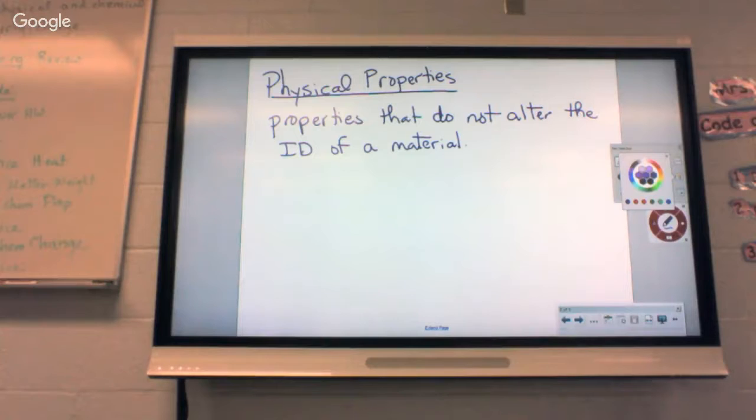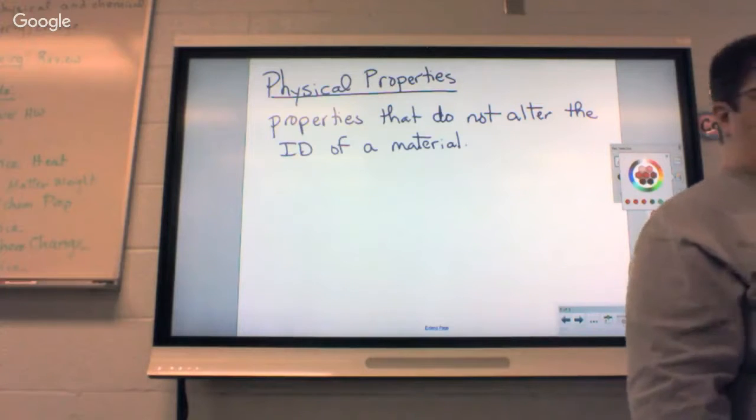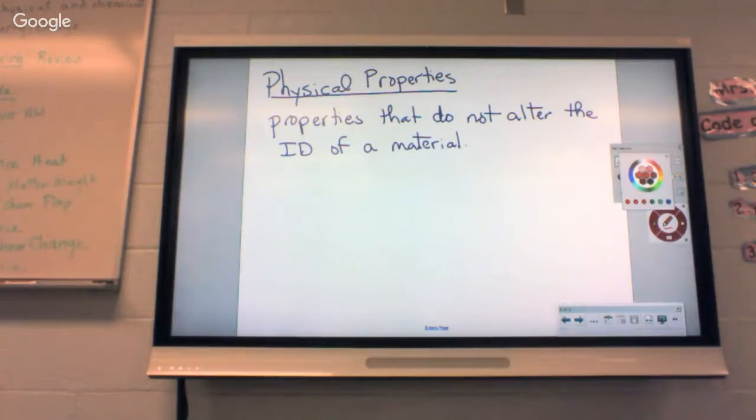So, I want you to look at my desk up here. Before you start yelling out properties, pretend I don't have notebooks sitting on it. I don't want properties such as my desk is neat or my desk has stuff sitting on it.